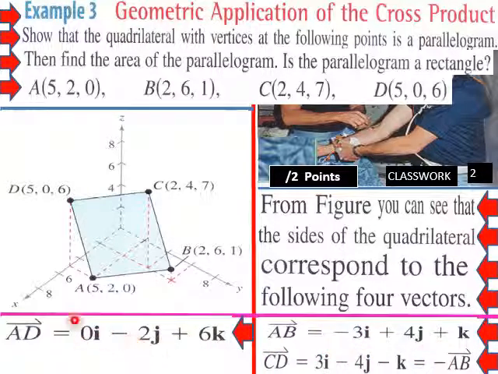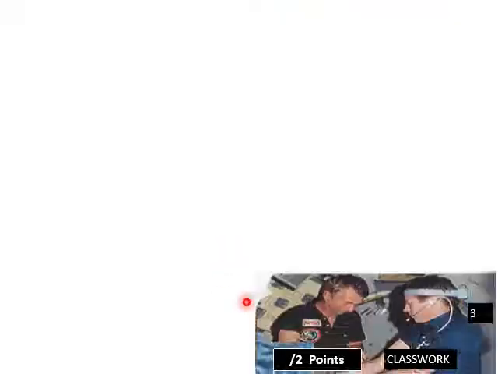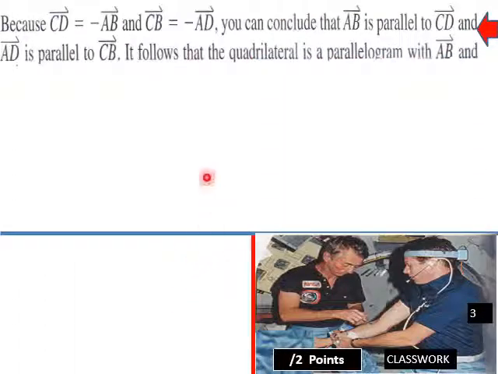And then here we have AD. AD is 0i minus 2j plus 6k, and then CB is the negative of that. So we have 2j minus 6k equals the negative of AD. Isn't that interesting? Okay, so what are we going to do with that?